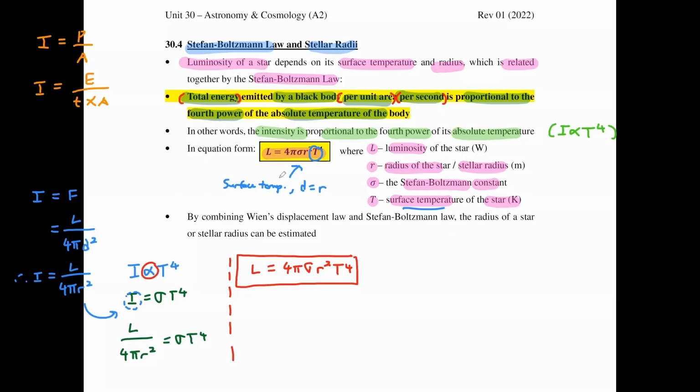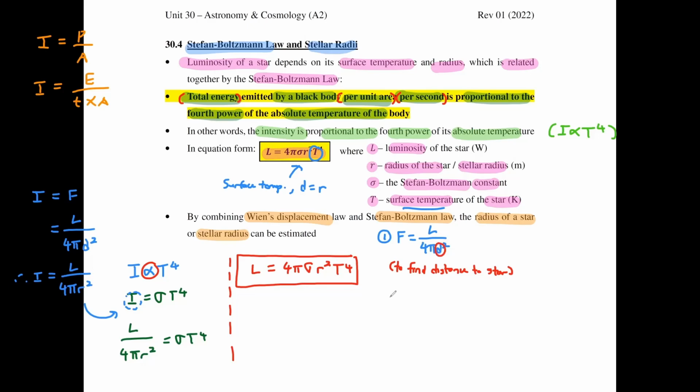Okay. Now, when you do your questions later on, you will notice that you will have to use a combination of Wien's displacement law and Stefan-Boltzmann law before you can find the radius of a star or the stellar radius. Let's recap some of the equations that we've learned so far. The first equation is radiant flux intensity equals to luminosity divided by 4 pi d squared. You would use this equation to find the distance to the star. You're finding what is d right over here.